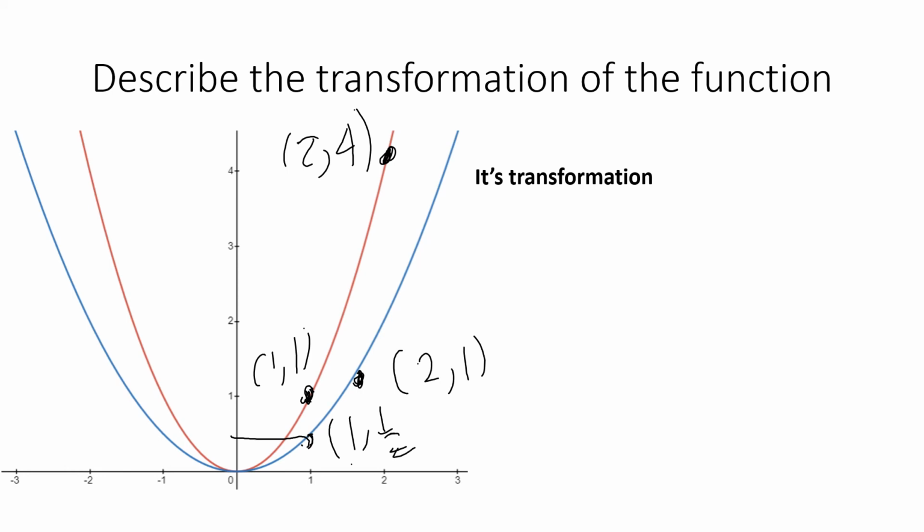All right, it looks like, as I move on to the transformation function, I stretched it by 1/2. So it's going to be 1/2 x squared.